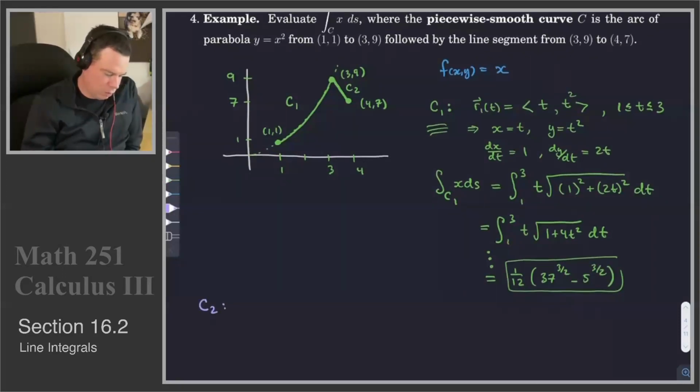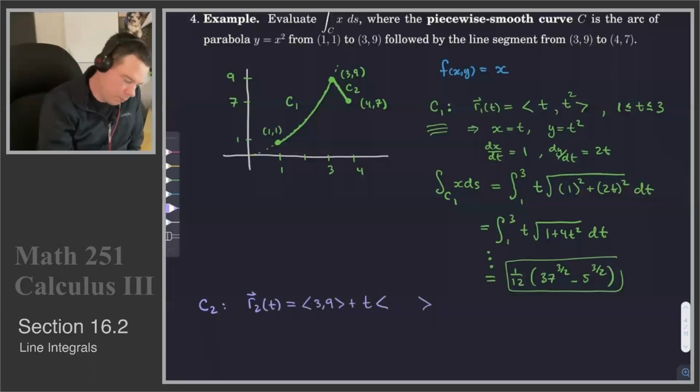So what is C2? We're going to come up with its parametrization. So it's a line. It's a line that goes from 3, 9 to 4, 7. So I can write its parametrization as 3, 9 plus t times the vector in the direction of the line.